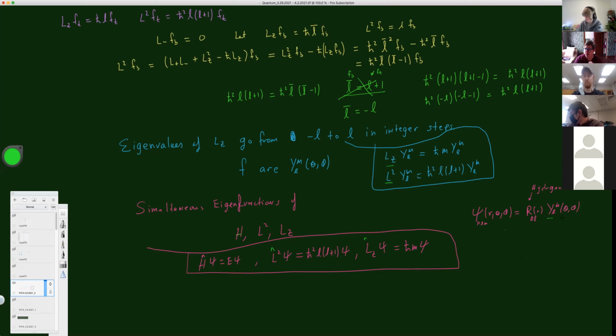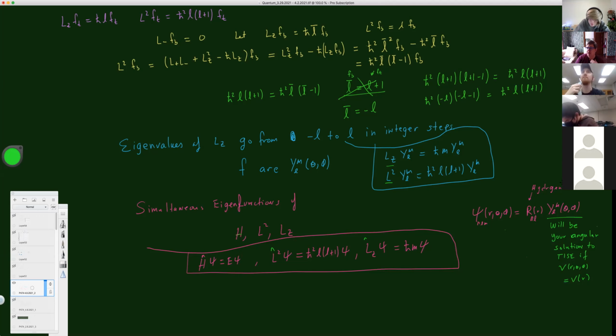Their separable equations will be the Y_lm. So this is on the condition. In other words, this will be your angular solution to the TISE if V of r, theta, phi equals just V of r, right?